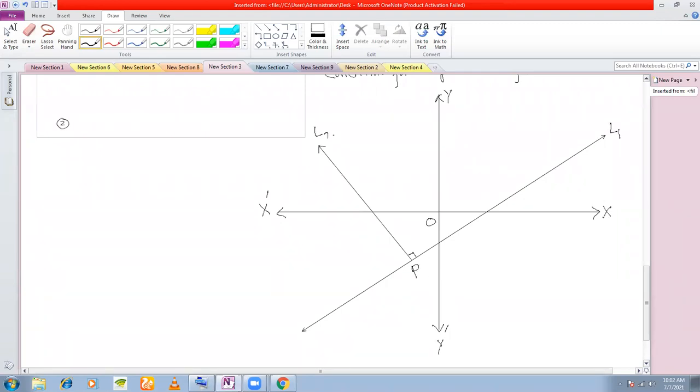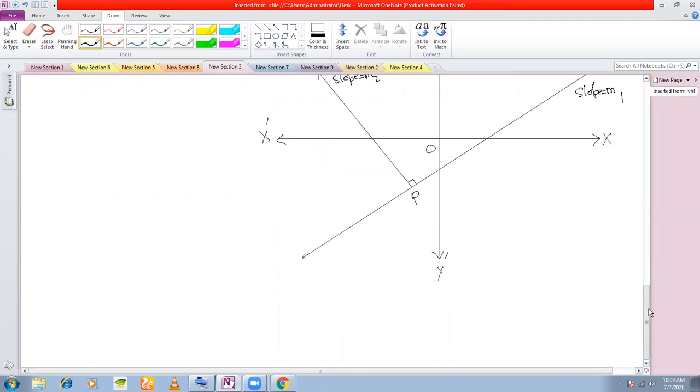Let us call this line L2. And slope of L1 is say M1, and slope of this line is say M2. Okay, then what is the relation between M1 and M2? In this case, if the two straight lines are perpendicular, then product of the slopes must be equal to -1. Or you can write this as one being the negative reciprocal of the other. Okay, both the forms you need to remember.